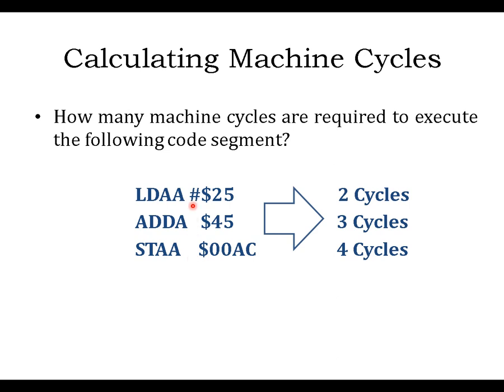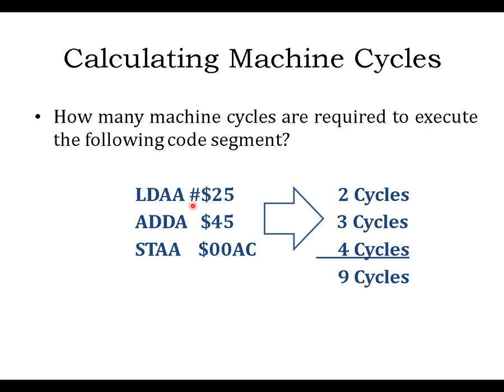You will get the cycles from column 7 for each mode. So the first instruction takes 2 cycles, the second 3 cycles, the last 4 cycles, so the total is 9 cycles. It's pretty straightforward as long as you know the addressing mode.